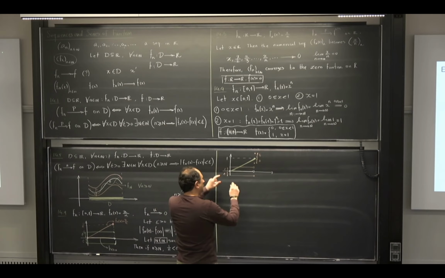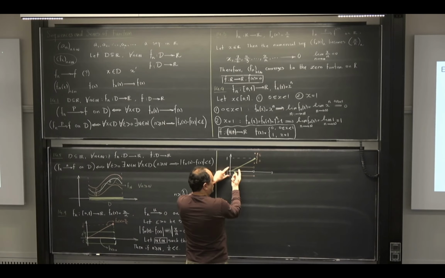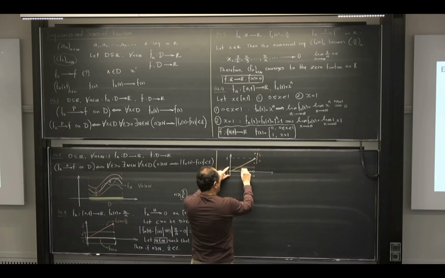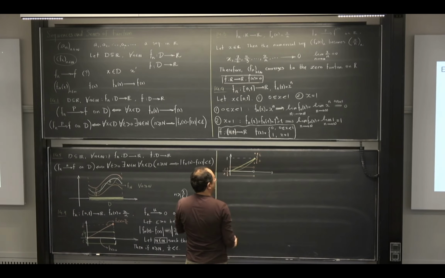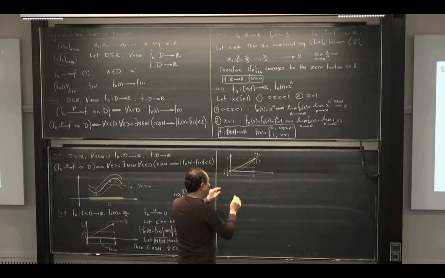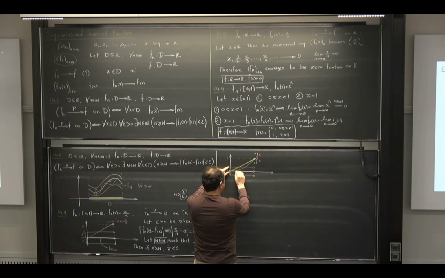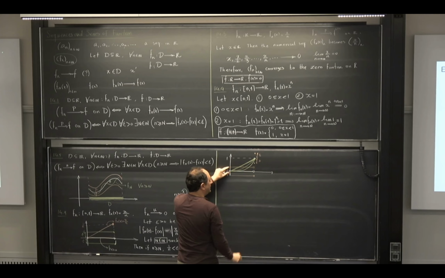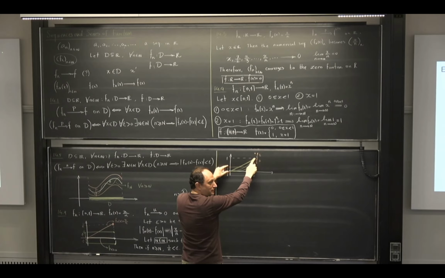But you shouldn't give up hope, because you increase n. When you increase it to x squared, it becomes here. The chance of sticking out becomes smaller. But what is important is that no matter how I increase n, because of that one single point, there will still be protruding.